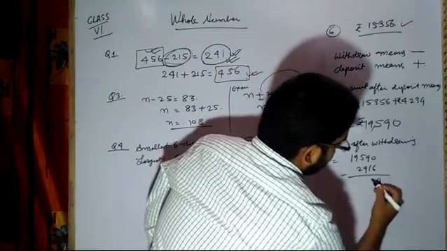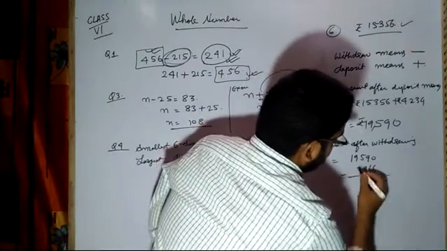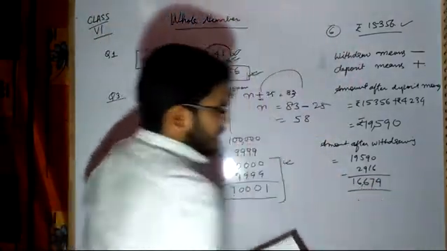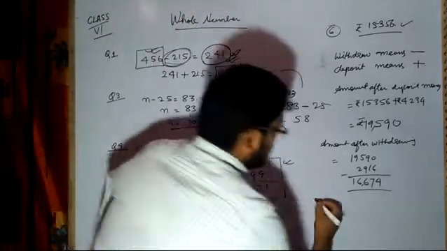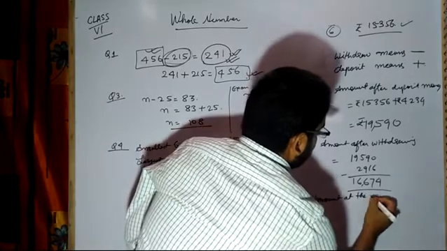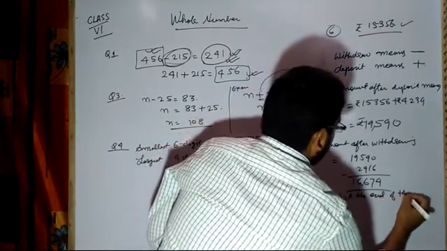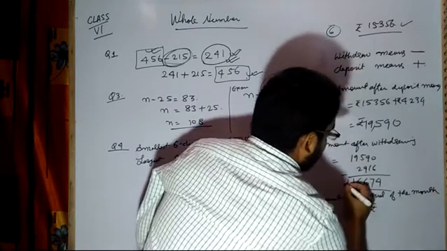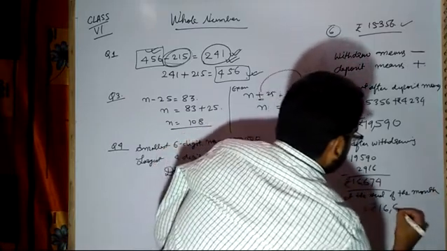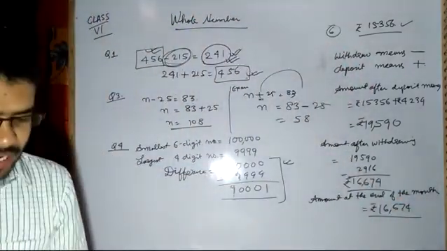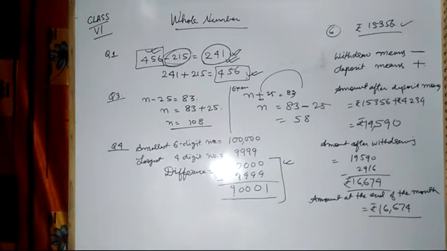Then 8 minus 1 is 7. 15 minus 9 is 6. 8 minus 2 is 6. And then 16,674. So amount at the end of the month is equal to rupees 16,674.